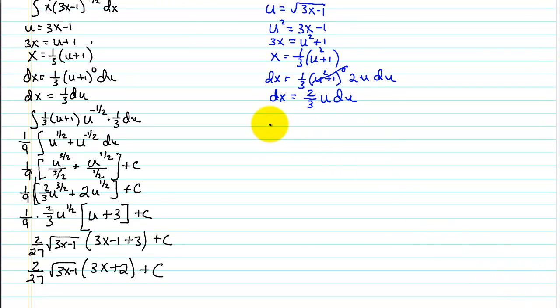So let's substitute. On the top we had x, so we're substituting for x, so we have 1/3 times u squared plus 1, and the bottom was the square root thing, so that's the u, and now we need to replace dx, and dx is this entire expression here.